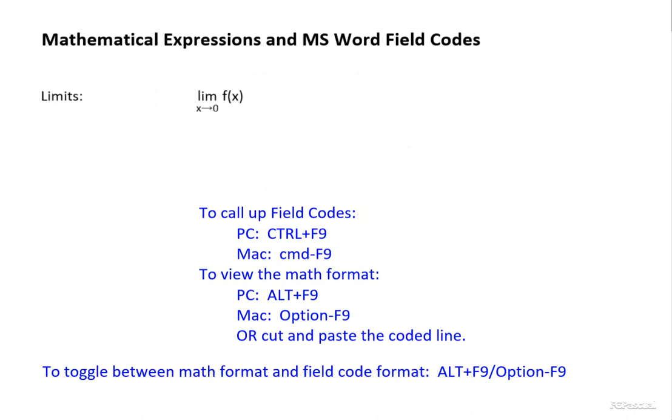Finally, we deal with limits. We start the mathematics field code. We have a new field code to learn. The new field code is overstrike, so we type O after the backslash. The command overstrike is for superimposing two characters or strings over each other.